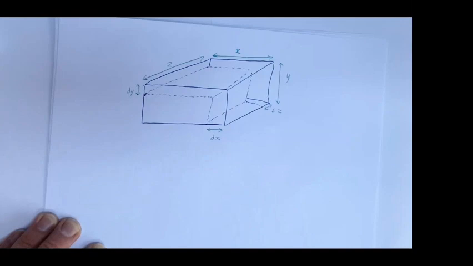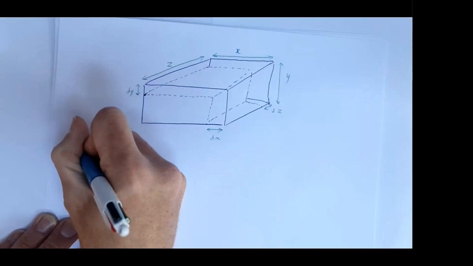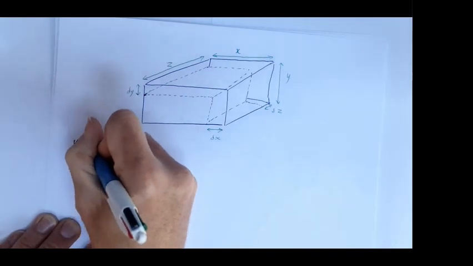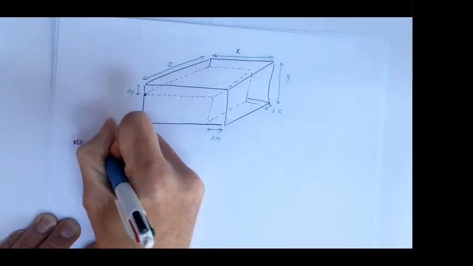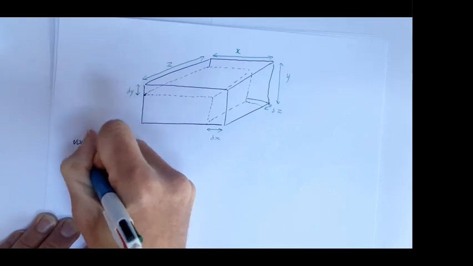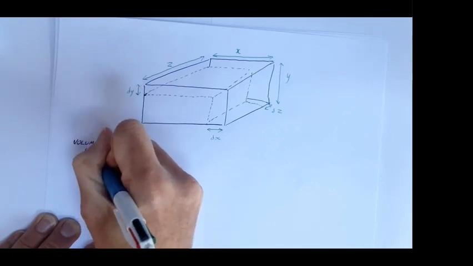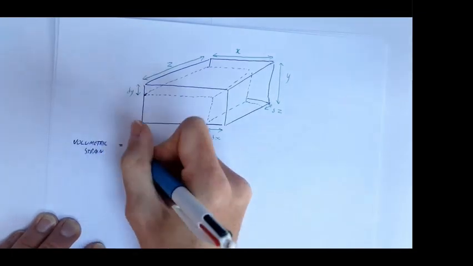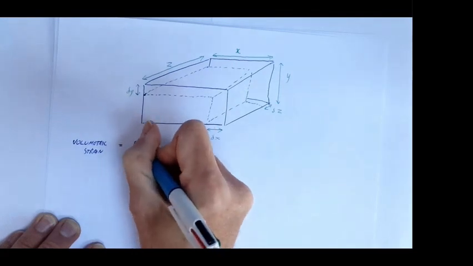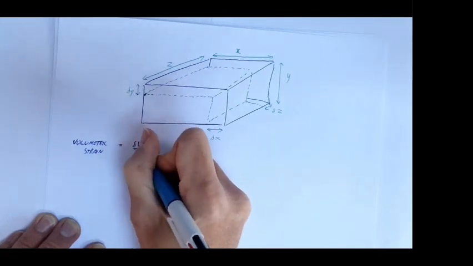So the volumetric strain is the change in volume over the original volume. We need to calculate that because we're interested in the change in volume. Okay, so volumetric strain equals change in volume over original volume.